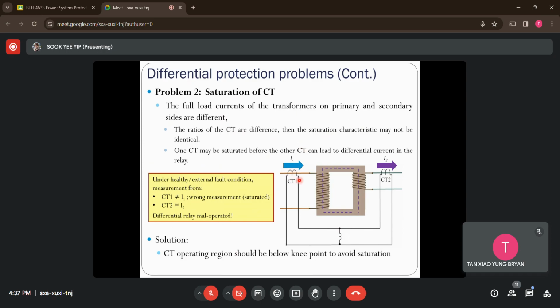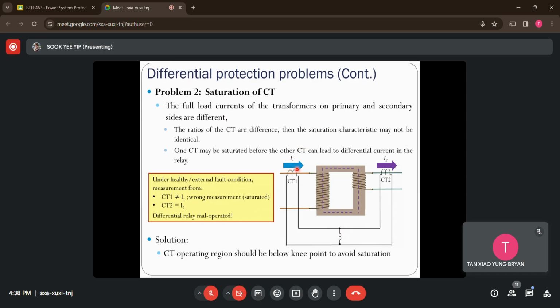This means that the first current transformer is unable to give you the correct reading, so it might measure the wrong current value because it is saturated. And the other one can give you the correct reading, so it gives you the I2 value. If we find the difference between these two, obviously it is not equal to 0, right? That's how the differential relay starts to treat this transformer in the event one of the current transformers becomes saturated.